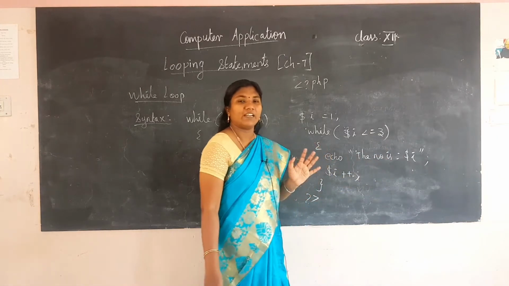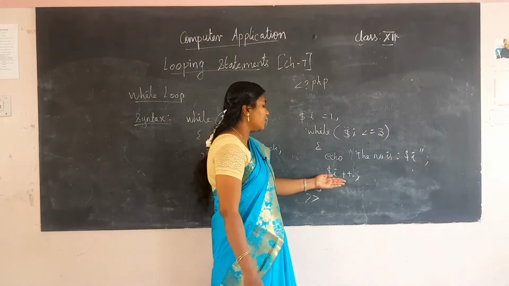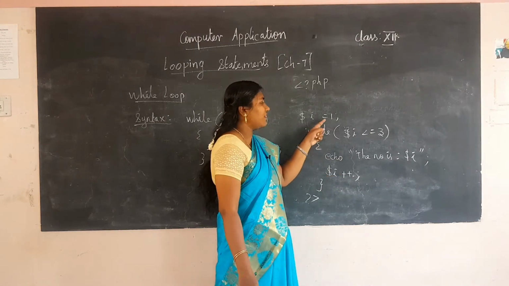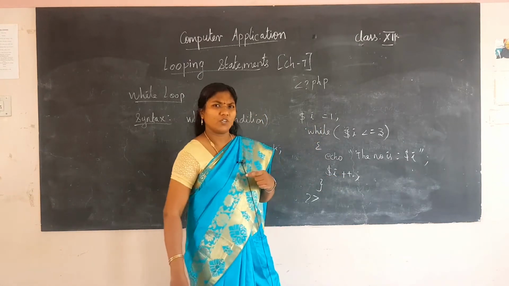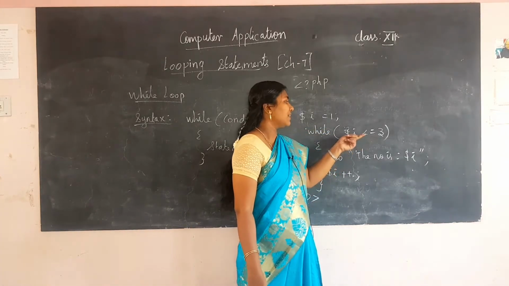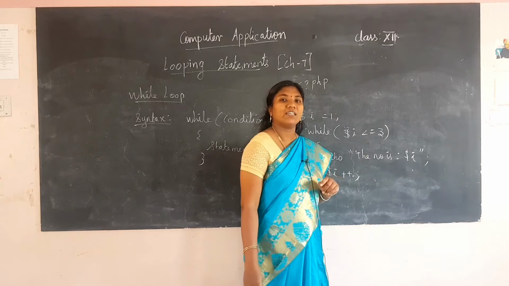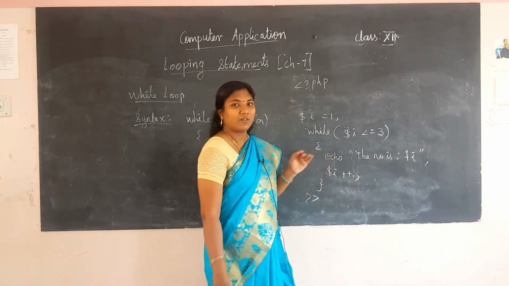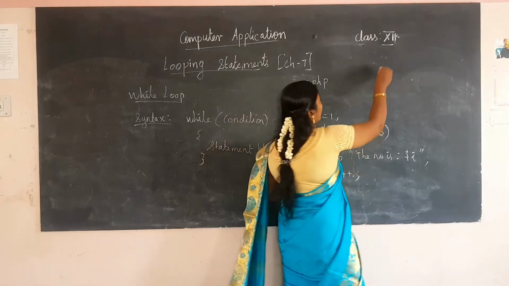Next it will increment the value of I by 1, so I becomes 2 plus 1, which is 3. Is the condition true or false? 3 is equal to 3, so the condition is true. Again "the number is 3" will be printed. So what will be the output of this program?